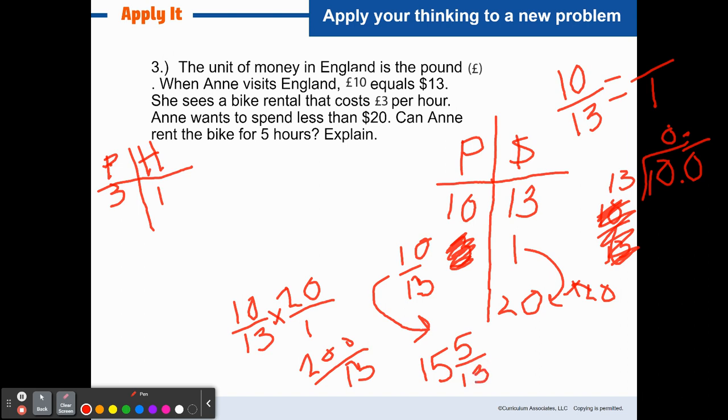So that is how many pounds she can get for $20, all right? And she wants to spend less than that.